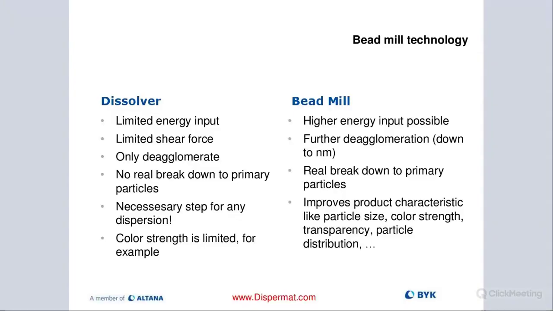We have some customers that ask, well, what happens if I go straight into a medium mill? Well, you can try, but the problem is, if let's say your starting particle size is 50 microns and you have a mesh size of 0.5 in your basket mill or your vertical bead mill like an APS, you're going to clog the screen.